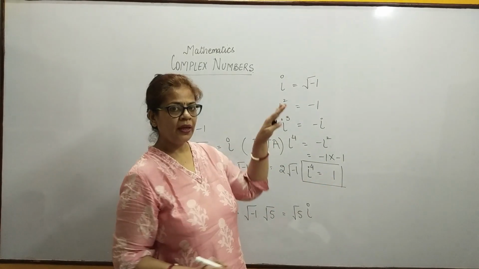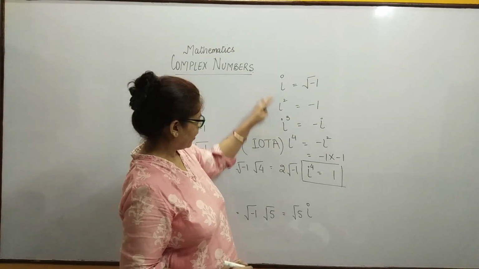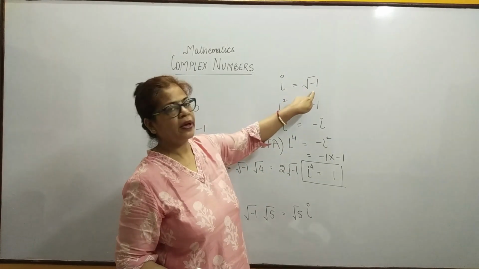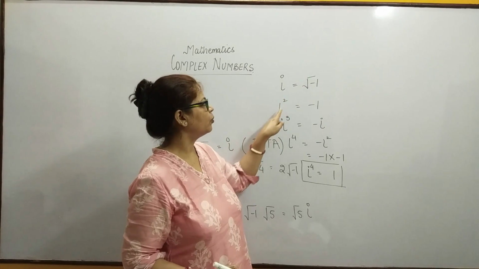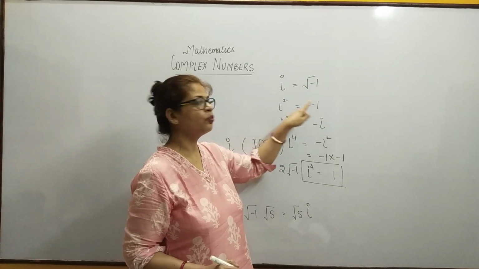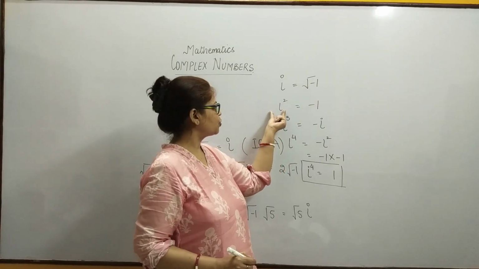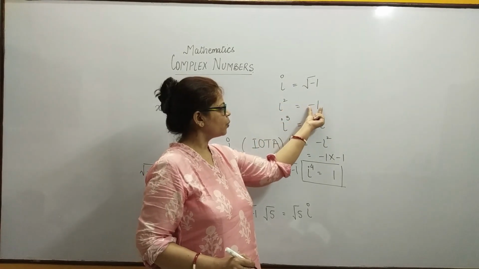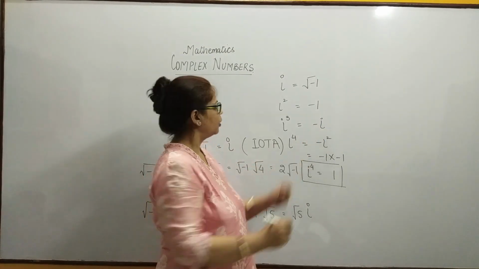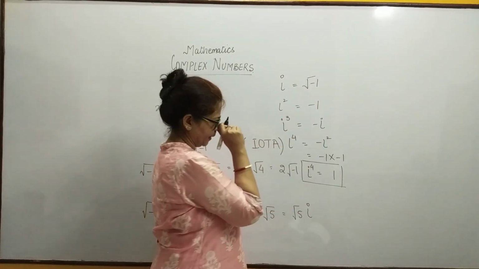Again, we revise it. i is equal to square root of minus 1. Squaring both the sides will give you i square is equal to minus 1. Multiply both sides by i, i square becomes i cube and minus 1 becomes minus i, because you multiplied by i on both sides.